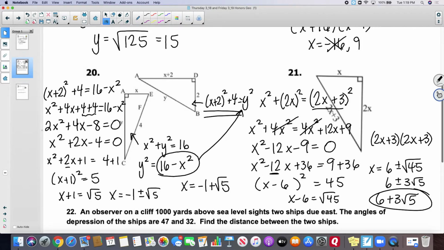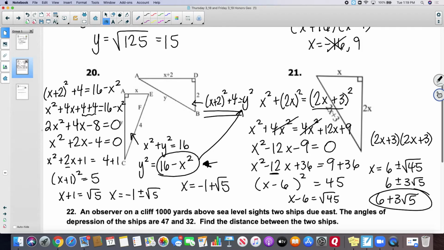Okay? Now at this point, I need to figure out what y equals, so I can plug x back in so that I can solve for y. Probably the easiest place to do that would be this equation right here, because that would be the easiest place to plug it back in.